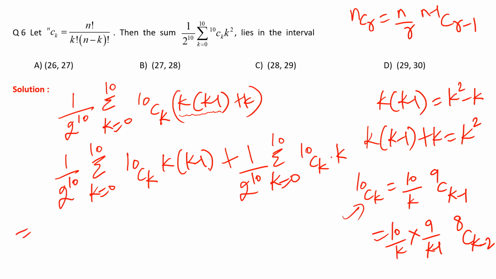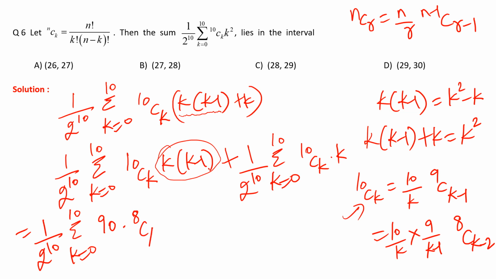Now here I can write this as 1 upon 2 to the power 10 into summation k varying from 0 to 10. We have already found the value of 10Ck as 10 upon k into 9 upon (k minus 1) into 8C(k minus 2). So I can write over here 90. This k into (k minus 1) will cancel with this k into (k minus 1). So I'll be getting just 90 into 8C(k minus 2).